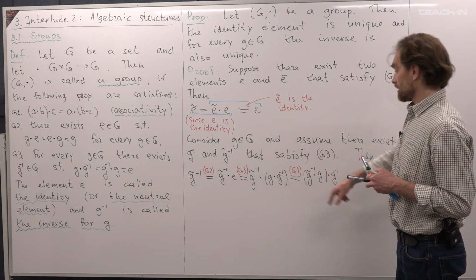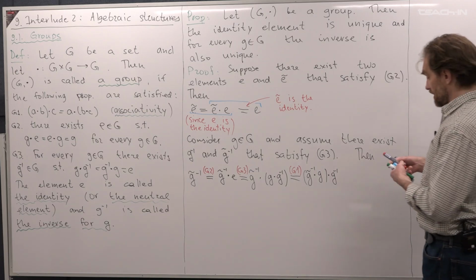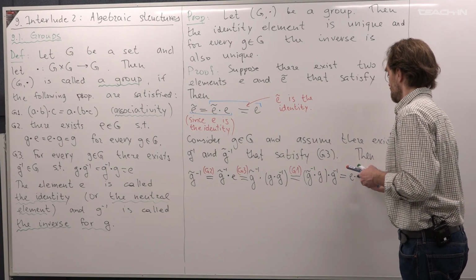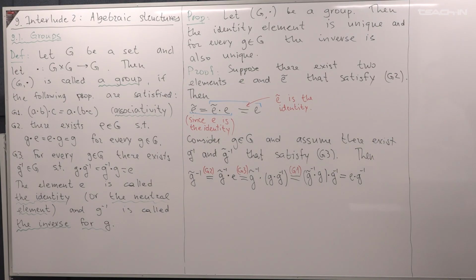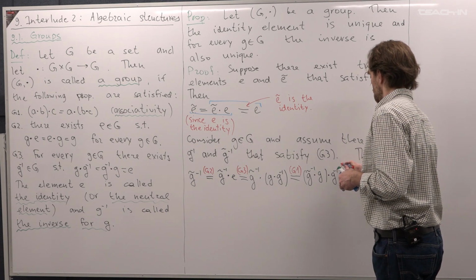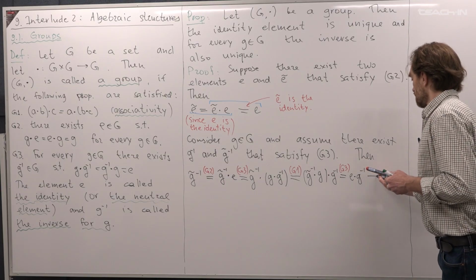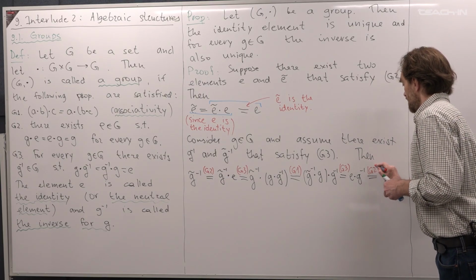And now we observe that the element that is here is exactly the identity, just because we suppose that G tilde is one of the inverse elements to G. So we get E multiplied by G to the minus 1. So here we apply the third axiom. And now we can once more apply the second axiom, G2.